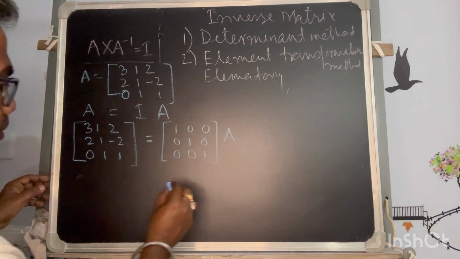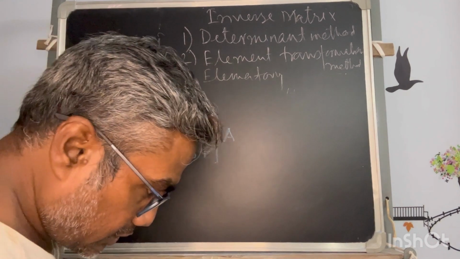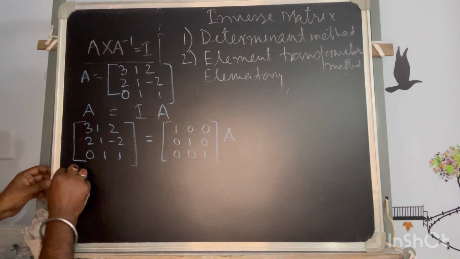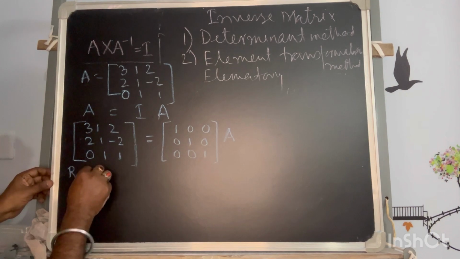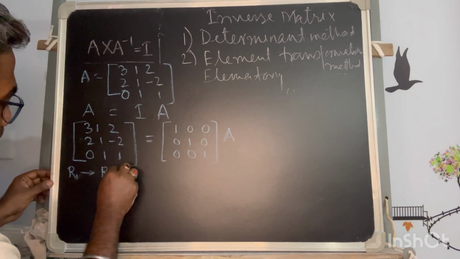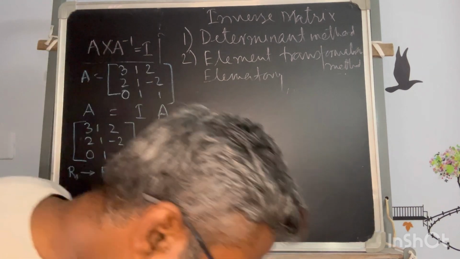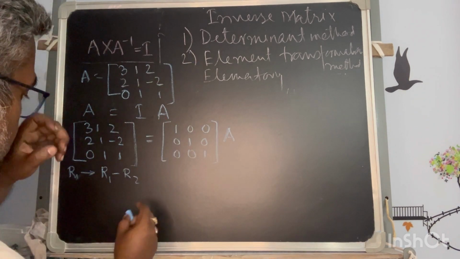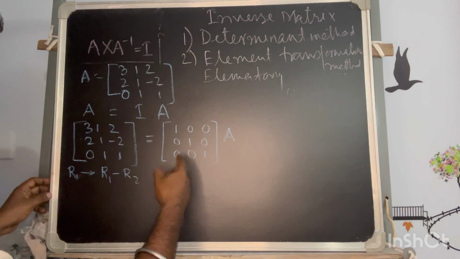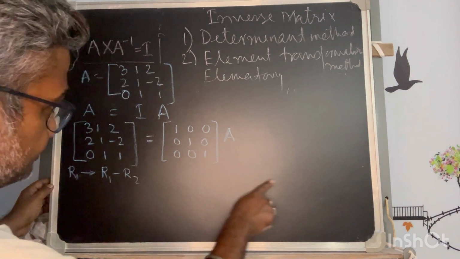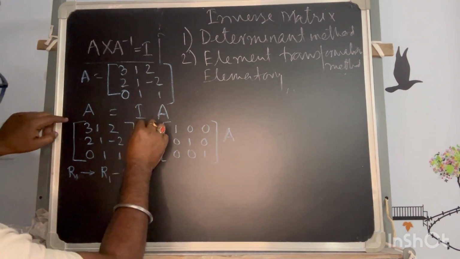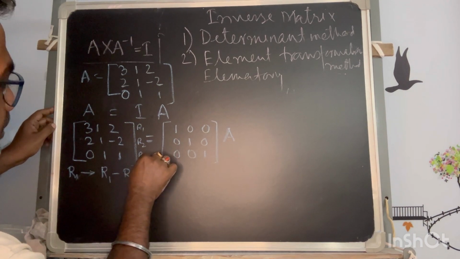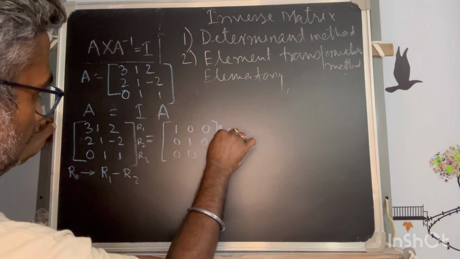The first operation, which I have already computed, is that row 1 will be converted by taking R1 minus R2. I just did it, so I am following the same steps, because it was a very patience-requiring job. This is row 1, this is row 2, and similarly this is row 1, row 2 and row 3.